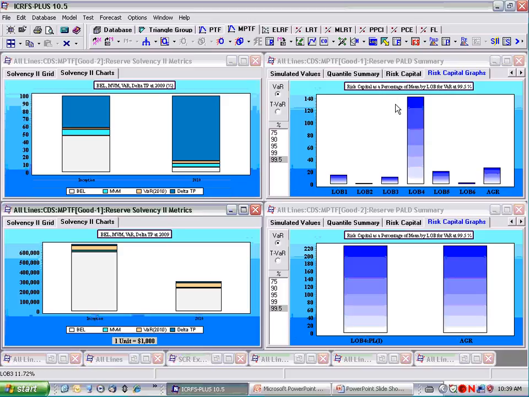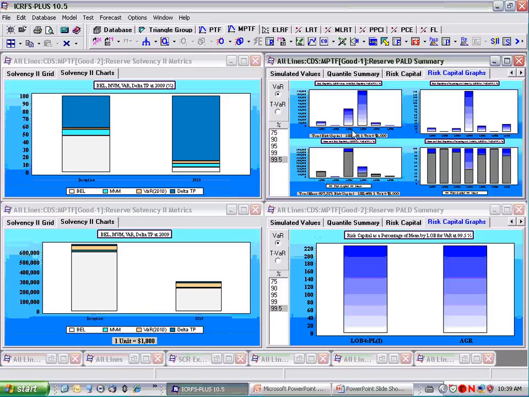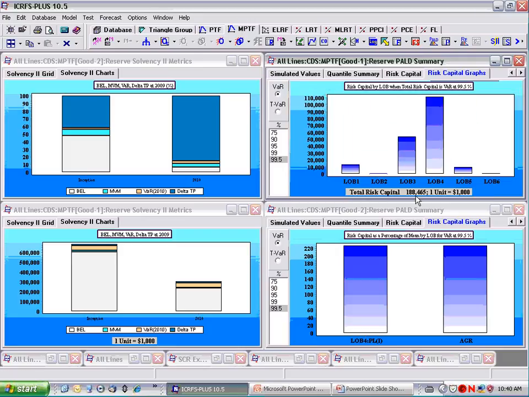The VAR of the aggregate, my guess is it's much larger. It's 188 million. So it's 188 million versus 65 million.